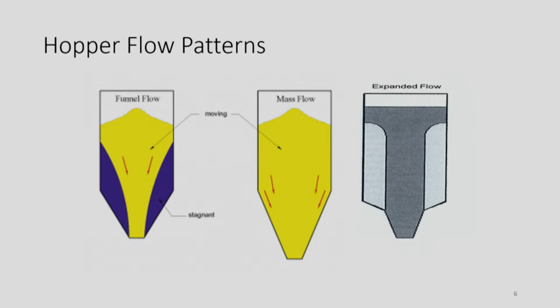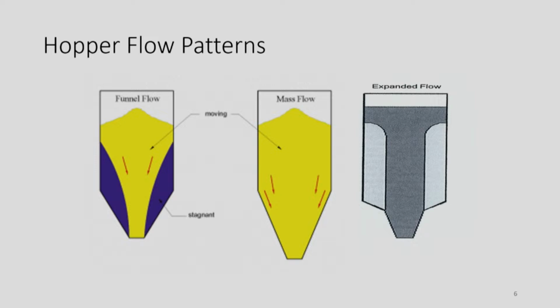Because you are tempering continuously and putting material inside continuously. In a mass flow bin, the headspace will be very small because everything is moving, so the movement will be slow. You will have very limited space on the top, but in a funnel flow bin you will have more space, so you can put more material on the top continuously. That's again a major advantage.